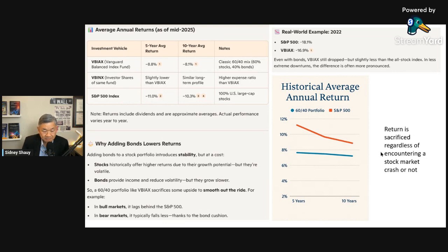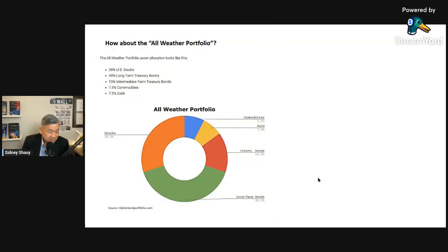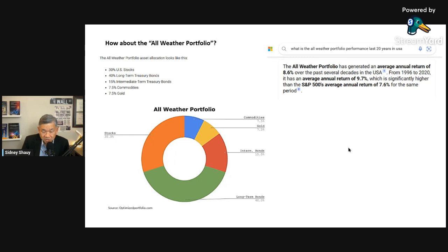All right. This is the all-weather portfolio. The difference is that we have only 30% stocks, but we have a lot of different things: treasury bonds, commodities, and gold. So what's been the performance here?